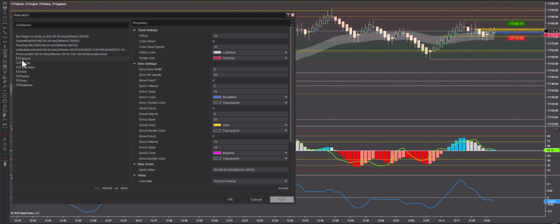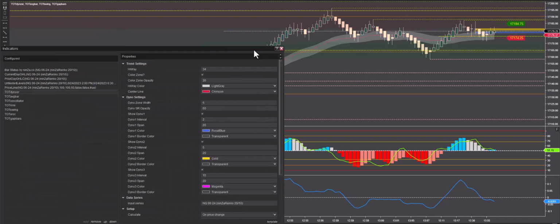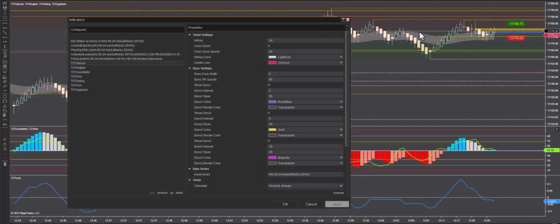So we have our TOT Dyno SR zones. This is the highway here that's running through the market, this opacity zone. We also have this blue, yellow, and a pink horizontal line that prints off to the side of the price chart right here.